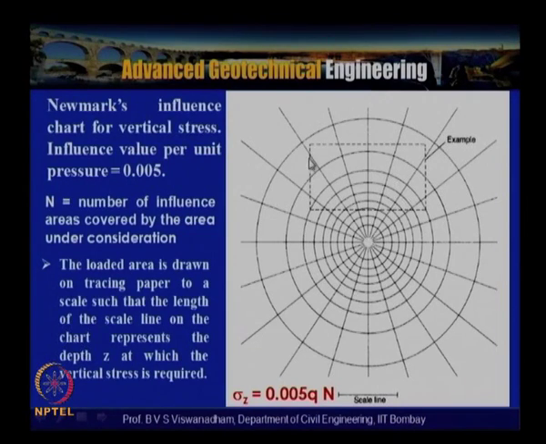So if z is equal to 5 meters, the length of the scale line is drawn to that. So depth z is accounted for by drawing the area to that particular scale.